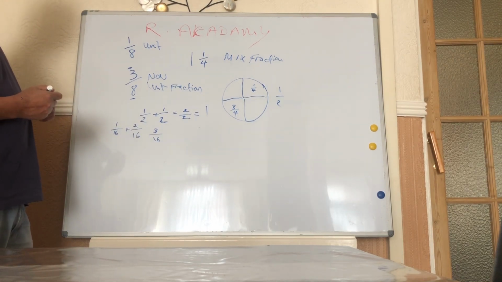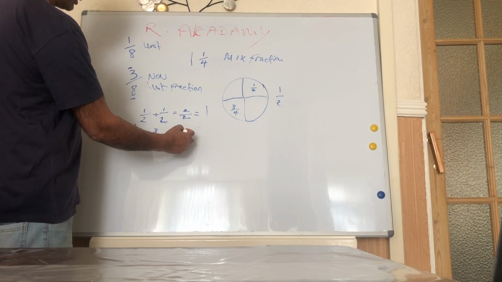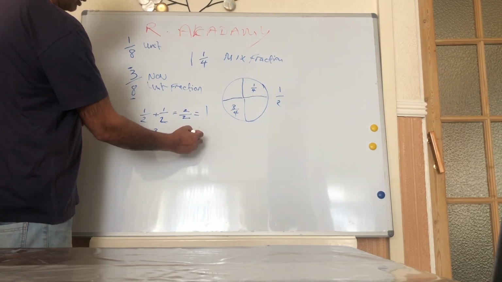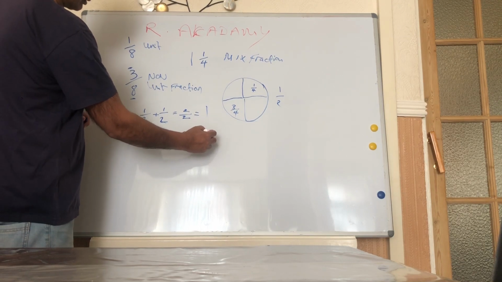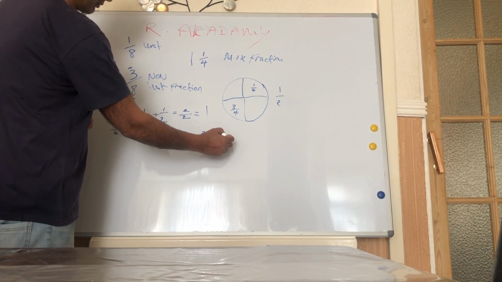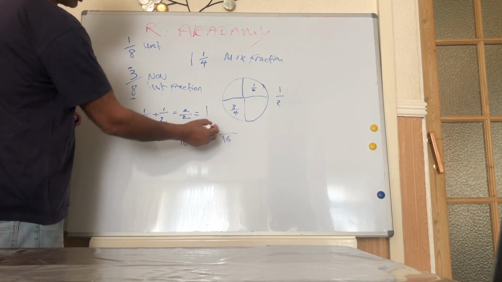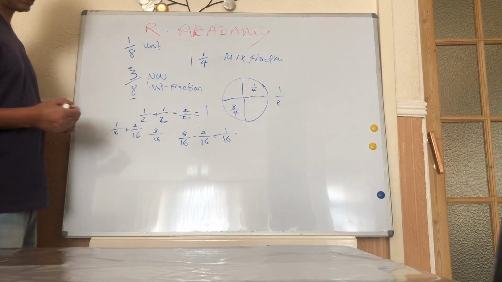Okay, so minus would be similar. So say if you was to minus, so you had 3/16 minus 2/16, 16 still remains the same denominator, and then 3 minus 2 is 1, so 1/16.